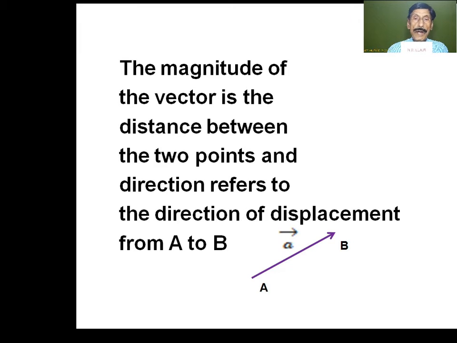The magnitude of the vector is the distance between the 2 points, and direction refers to the direction of displacement from A to B, which is shown in the figure. A is the starting point and B is the terminal point.